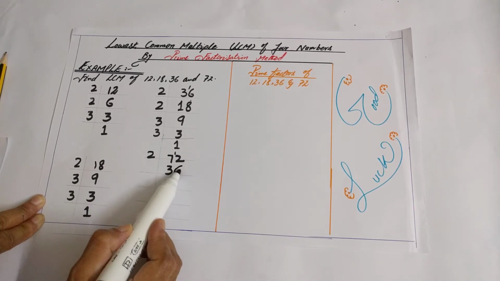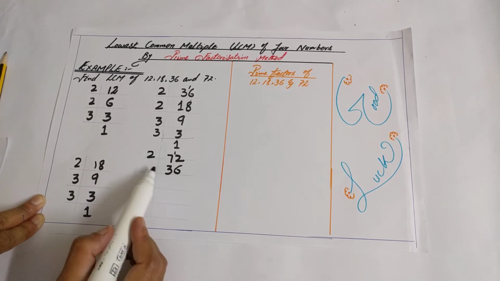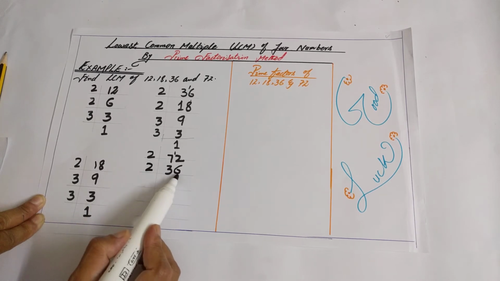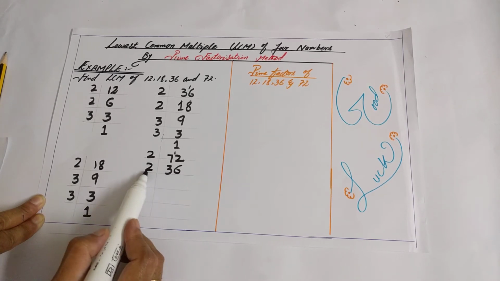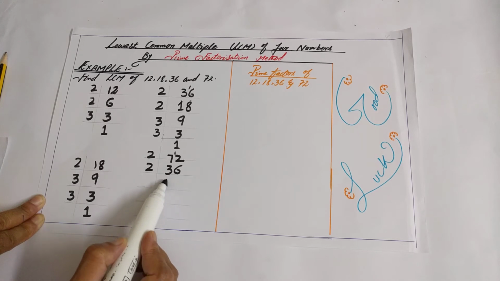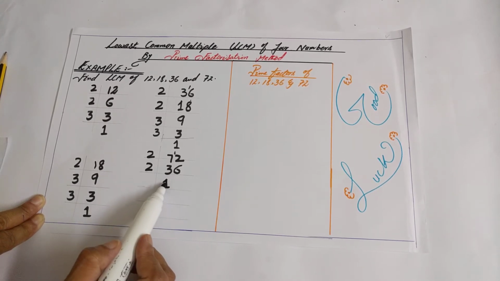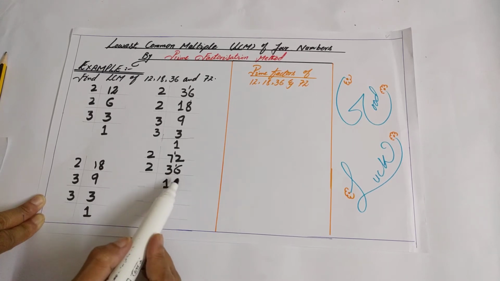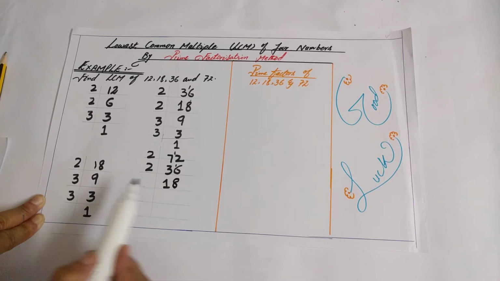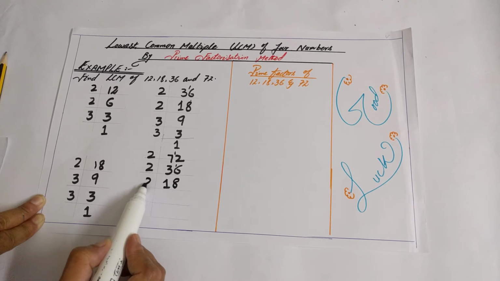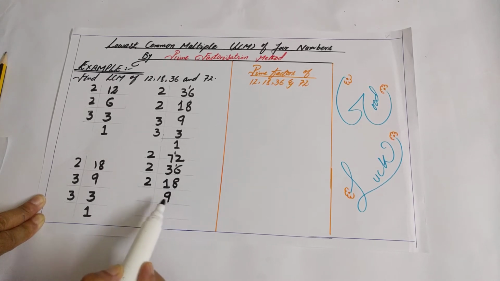2 6s are 12. 36. Yes, divisible by 2 because the ones place digit is 6, and 6 is divisible by 2. So 2 1s are 2 because 3 is not divisible by 2. 1 left. 16. 2 8s are 16. 18. Yes, 18 is divisible by 2. 2 9s are 18.